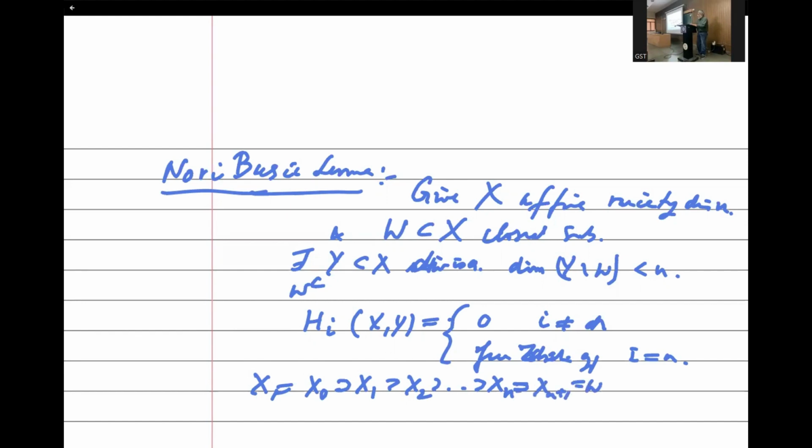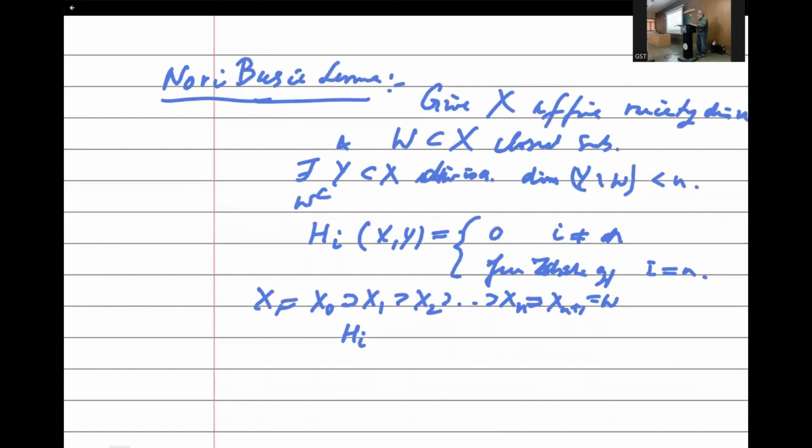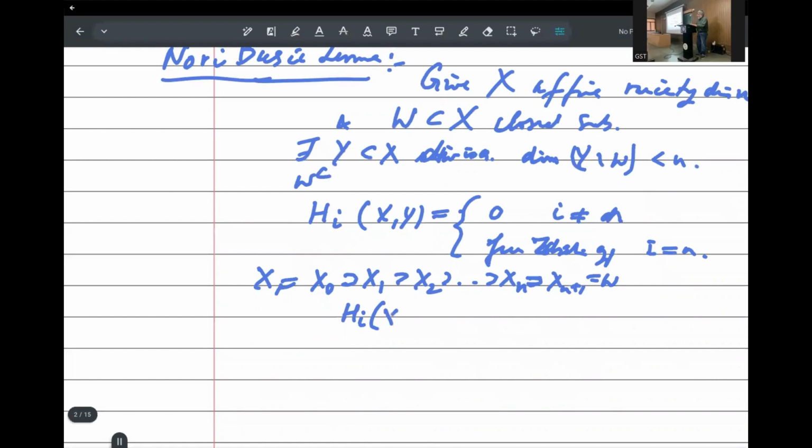And look at the cohomology H^i of (Xi, Xi+1). This i should be different from that i. So H^j of (Xj, Xj+1) is going to be 0 if j is not equal to n minus i, and is a free abelian group if j is equal to n minus i.